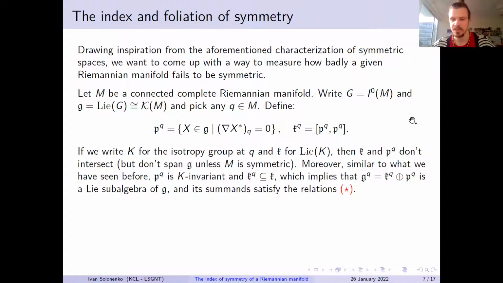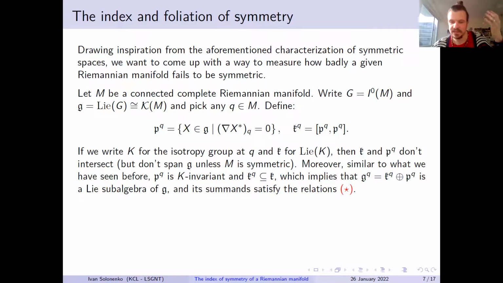It's basically because we define them in this way. And we also know that these two pieces, which are subspaces of GQ, satisfy the relations of the symmetric space. The bracket relations between them are precisely as in the case of symmetric spaces.